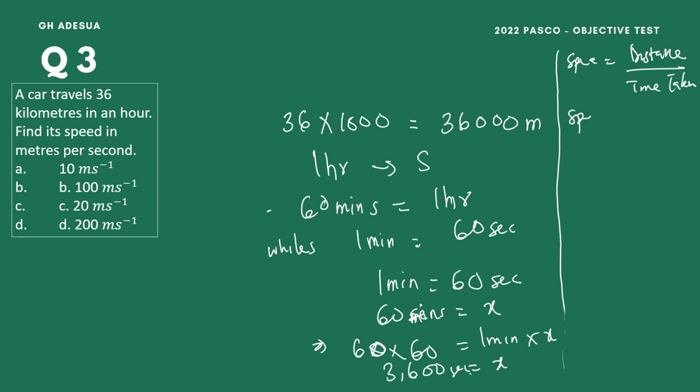So we have our speed to be 36000 meters over 3600 seconds. Cancel out with our zeros.